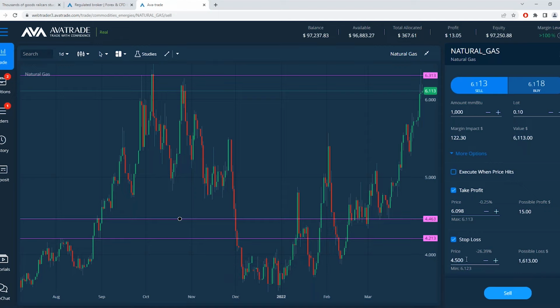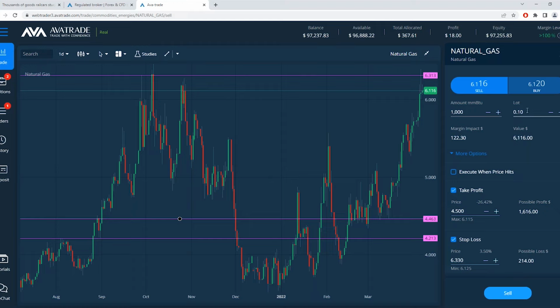6.33 on stop loss and take profit 4.5 or 4.6. There we are. So potential profit 1,600, risk minimal compared to the potential profit.